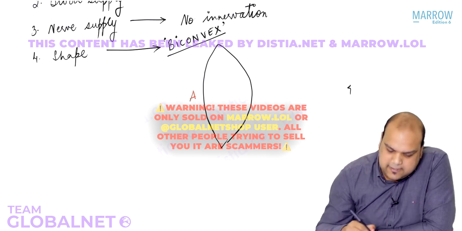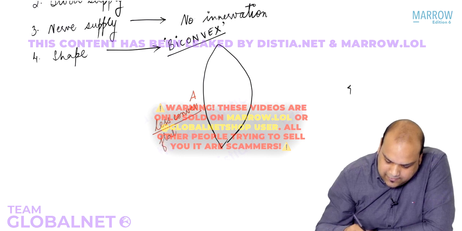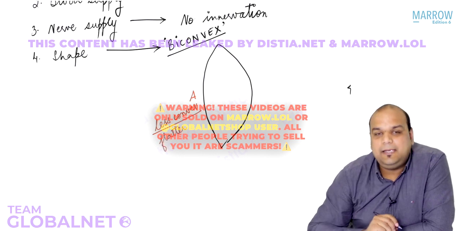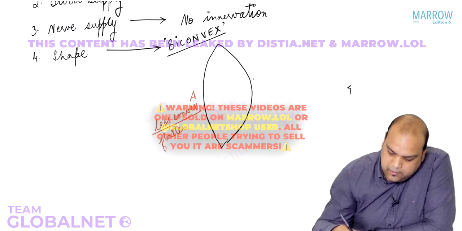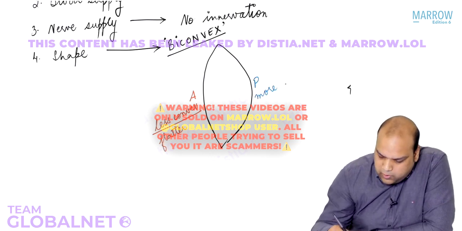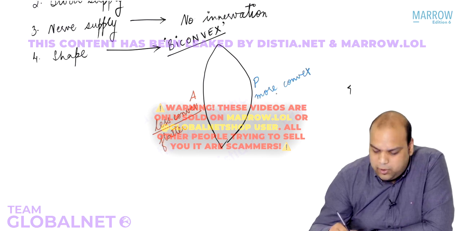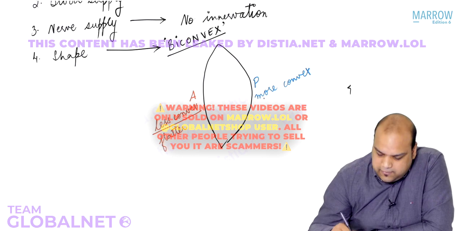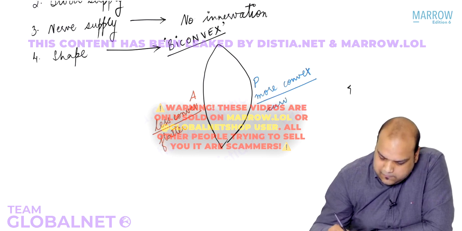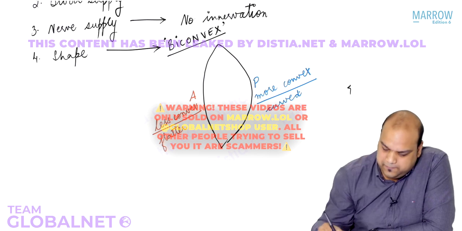The anterior surface is always less convex, or I can say slightly flatter in comparison to the posterior surface, which is always more convex, or more curved, whichever way you want to say.